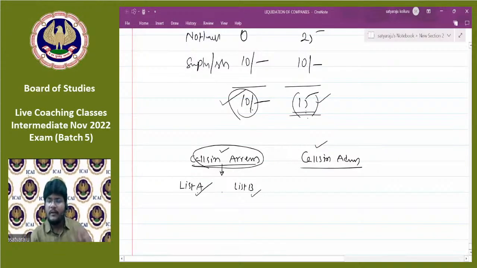In this problem, there is no information with respect to list A and list B contributories. That's why the calls in arrears were simply ignored or eliminated, both at the time of making call money from the equity shareholders and at the time of making distribution among the equity shareholders as well. Hope you understand.